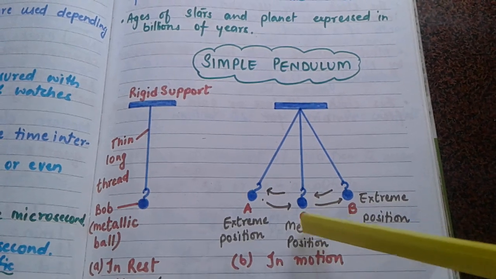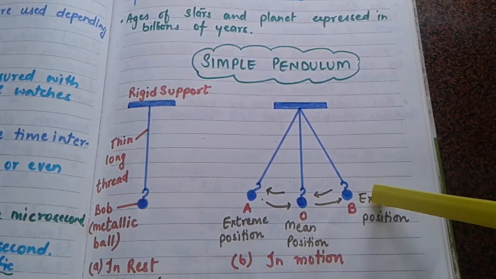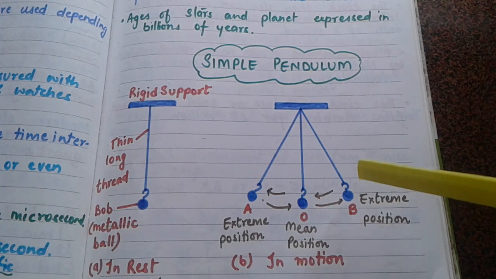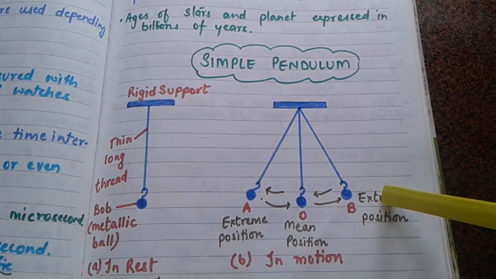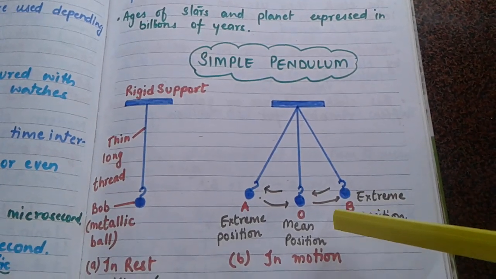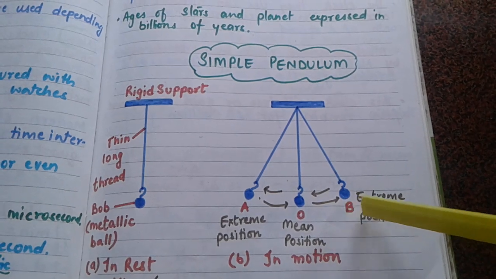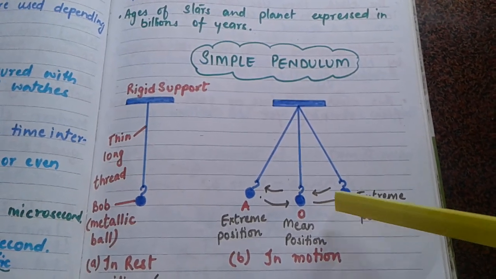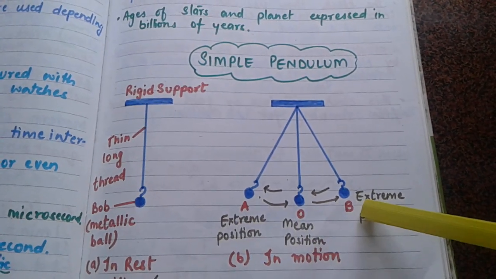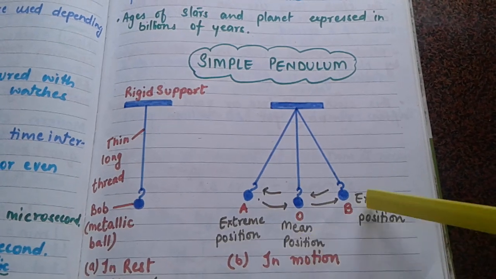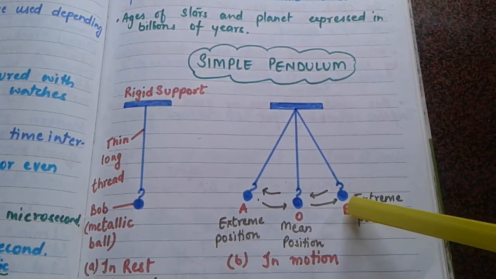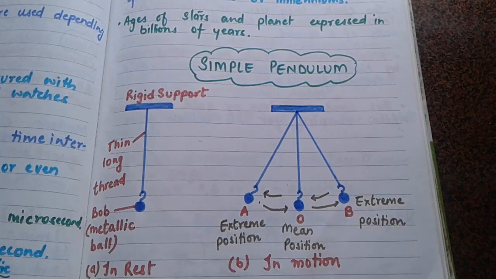We can also start from the extreme positions. Then we have to measure the time of the pendulum. Suppose we have to measure the time taken to complete 20 oscillations, so for those 20 oscillations we will measure the time in seconds. Clear?